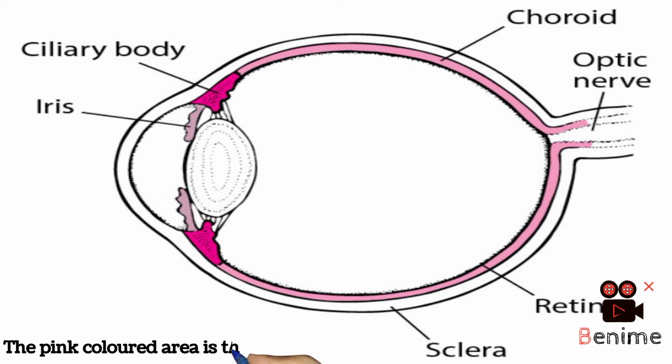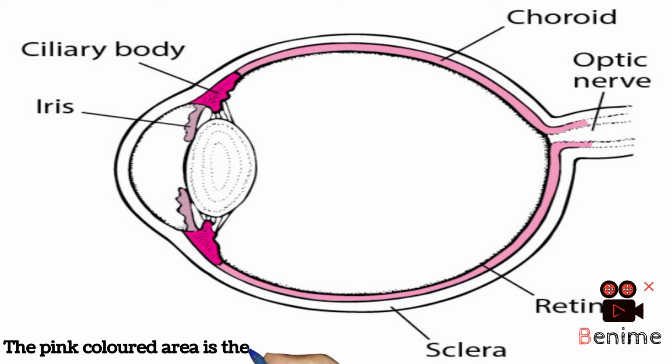The anterior segment includes the following: crystalline lens, and the major function of the lens is to bend light rays or refract light rays.